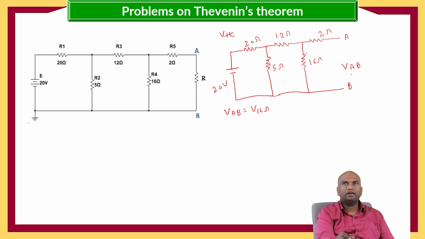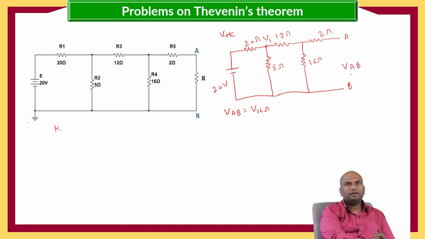Now we need to calculate what is the voltage across 16 ohms. For that, let us go with the nodal method, because if you go with mesh analysis, two meshes we need to go. If we go with the nodal method, we can get it with one node. So let us consider the node voltage as V1.